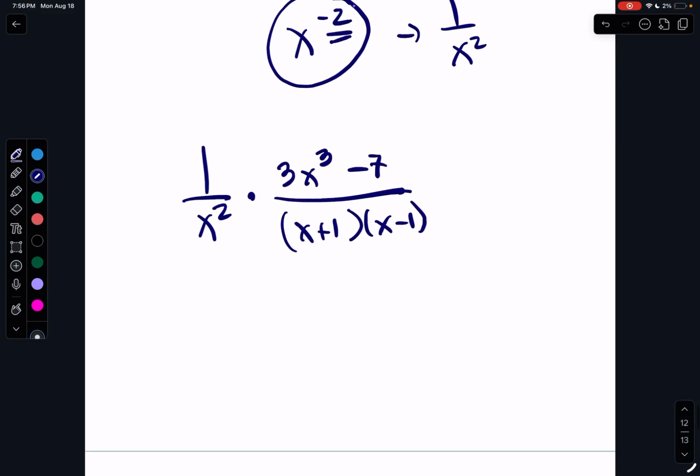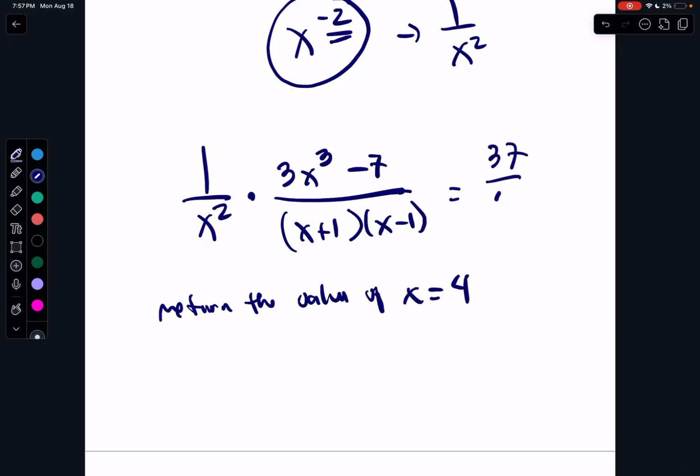And then return the value of x, which is equal to 4. This will give you the answer of 37 over 48. Just substitute 4 into each x, so 4 squared, 4 cubed, and so on. So the answer should be this one.